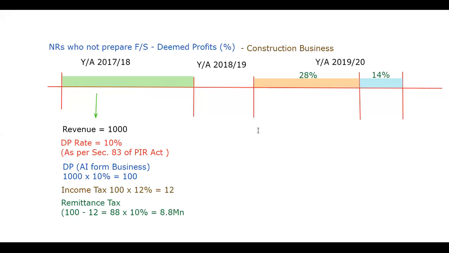Let's say that this year they have revenue. I will use the same color format which I used previously. Revenue: they have 1,200.